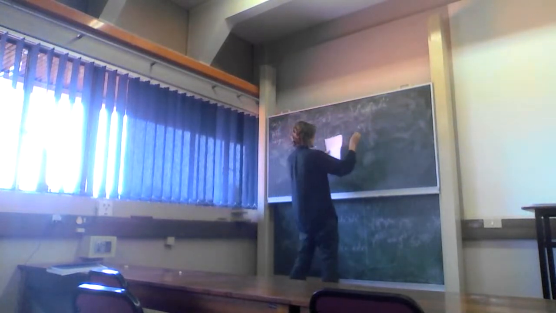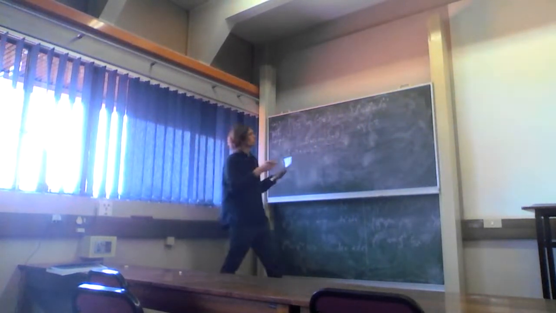And similarly, the action evaluated on these zero modes is nothing. So the kinetic terms disappear. Because we're only looking at zero modes, we only have this fourth fermion term.